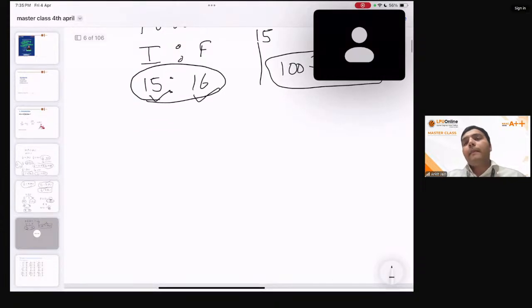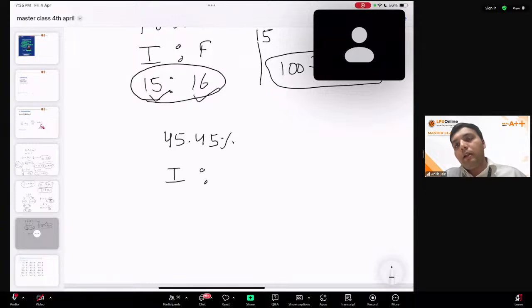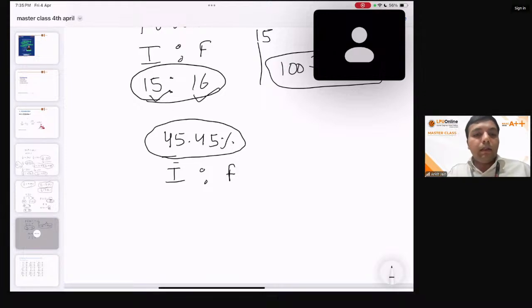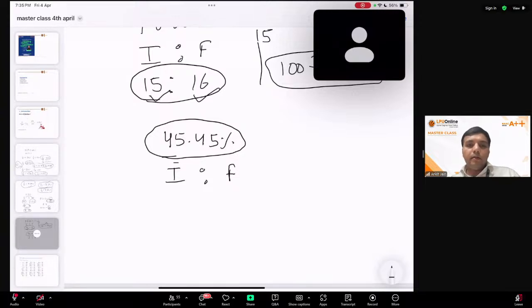Okay. Suppose your money increased by 45.45%. What is the ratio of initial to final?